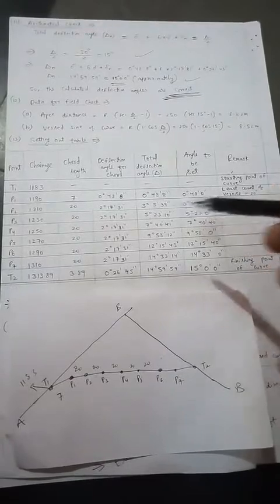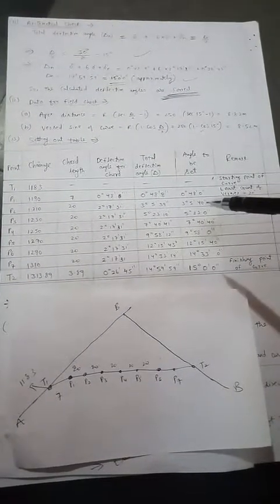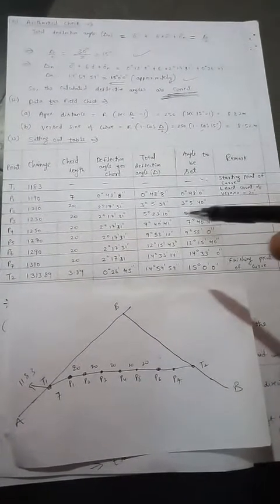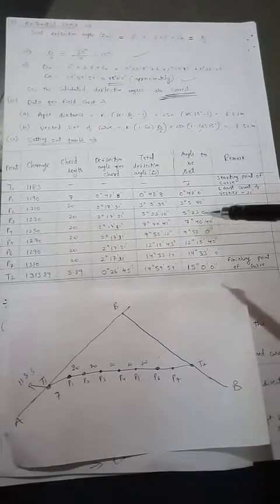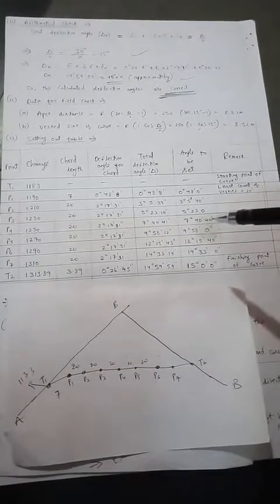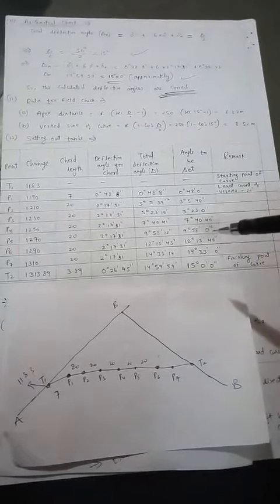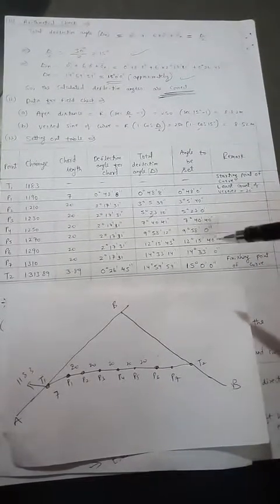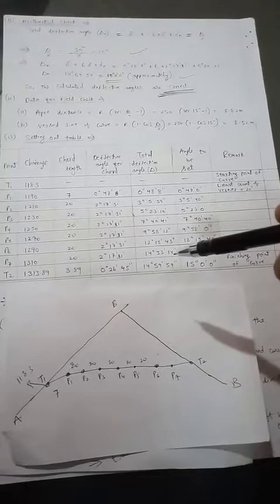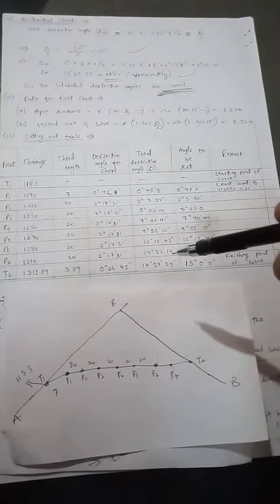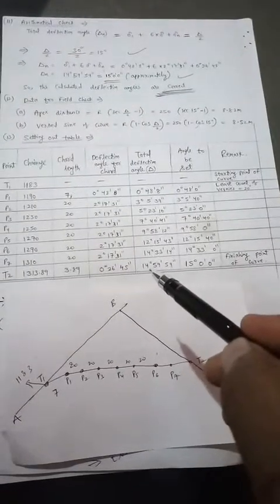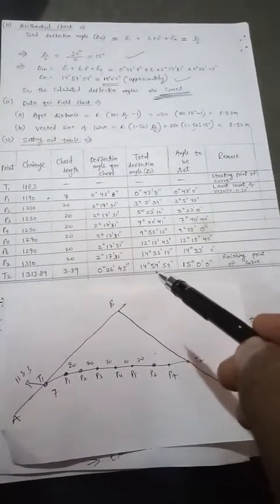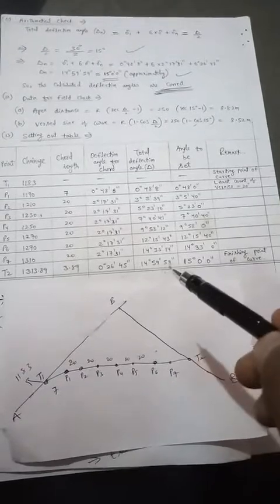Here 39 seconds, we are putting 40 seconds. Here 10 seconds, we are putting 0. Here 41, we are putting 40. Here 12 seconds, we are putting 0 seconds. Here 43, we are putting 40. Here 14 seconds, we are putting 0. So finally we are getting 14 degrees 59 minutes 15 seconds.